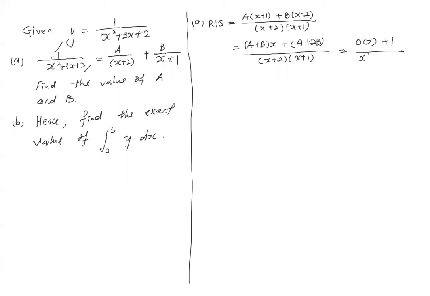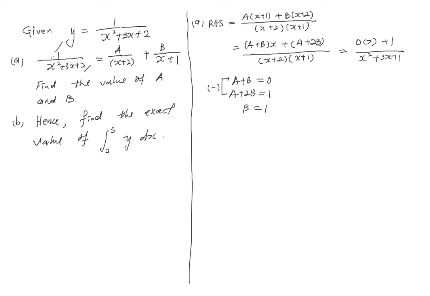You may have other methods to do, so use whatever method you are comfortable with. Correct? So you see A plus B is equal to 0. A plus 2B is equal to 1. So I take this minus this. So I have B equal to 1.